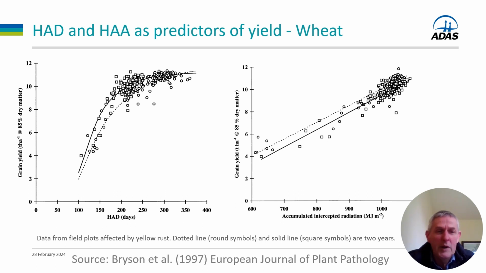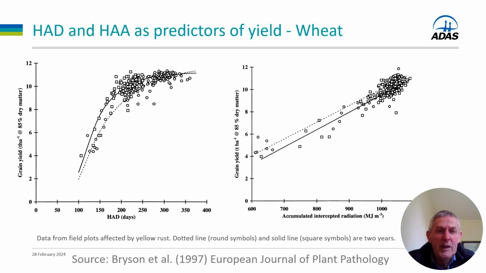So we got quite a big stretch of the amount of HAD and HAR that we measured in the crop. So in the chart on the left, we have the amount of HAD on the bottom axis and the amount of grain yield that we measured up the vertical axis.